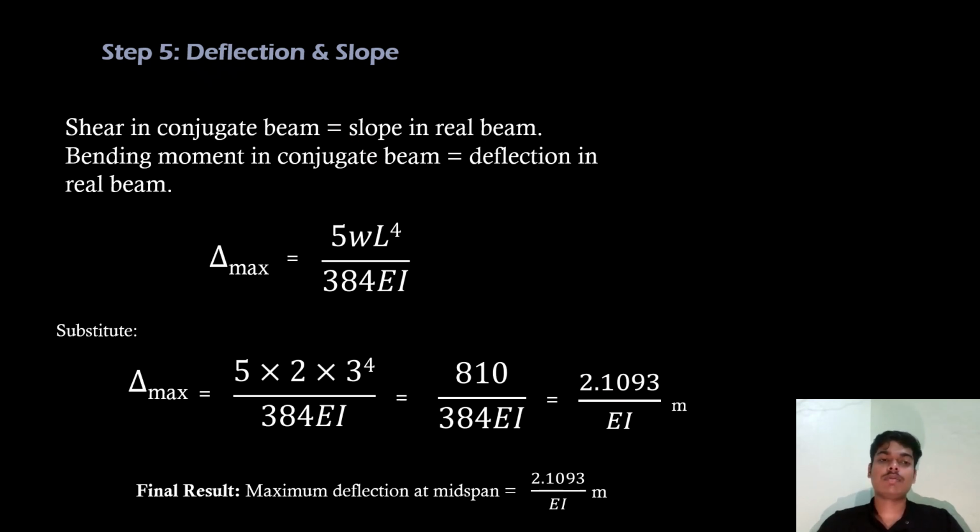The formula for maximum deflection is 5 into W into L raised to 4 divided by 384 into EI. Substituting the values from the given data, we get the maximum deflection to be 2.1093 divided by EI meter.